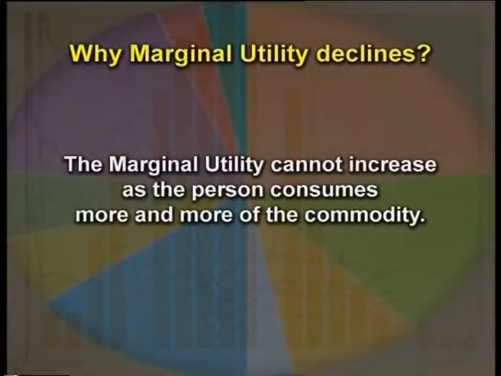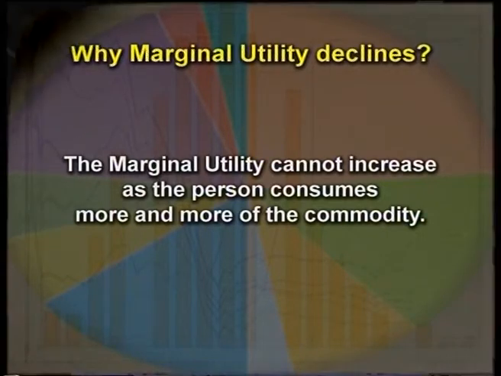And we cannot justify this because we know that consumers purchase many items, they purchase many goods, and therefore this cannot happen. Marginal utility cannot increase as a person consumes more and more of the commodity.